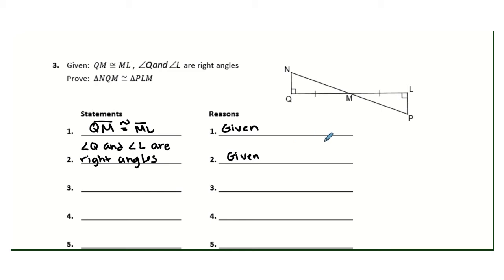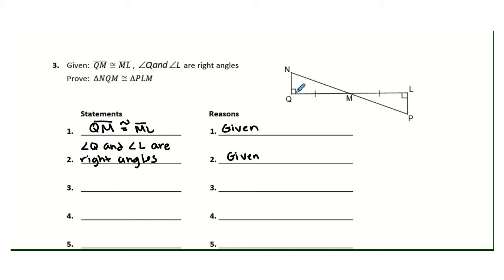So if we look at example 3, our given statement is that line segment QM is congruent to line segment ML. So this part is congruent to this part. It's already marked for us. And that angle Q and angle L are right angles. So I've written down my given statements.